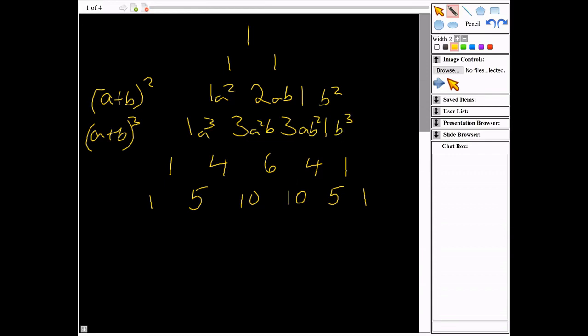And you can see that when I multiplied out earlier, we had the a to the power of 4, 4a cubed b, 6a squared b squared, 4ab cubed, and then 1b to the power of 4 again. So I could just use Pascal's triangle to work out the number I needed, work out what the coefficients were, and then use that. So that would be one method of using the binomial expansion.